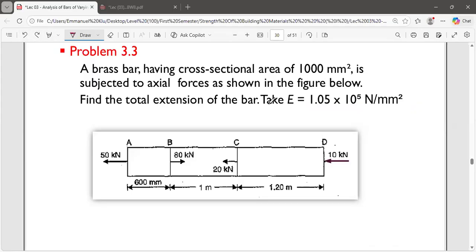So let's proceed. A brass bar having a cross-sectional area of 1,000 millimeters squared is subjected to axial force as shown in the figure below. Find the total extension of the bar, if E is given as this.